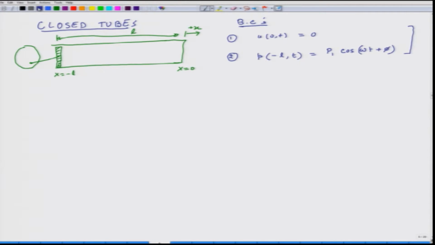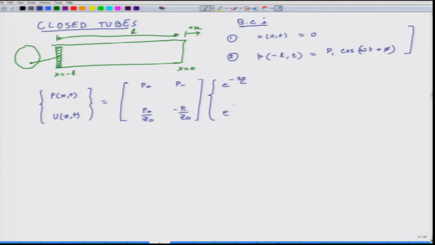So, once again the length of the tube is L. How do we go about it? We start with the transmission line equations, and we know that complex pressure P and complex velocity U are equal to P plus, P minus, and P plus over Z naught, minus P minus over Z naught, times e to the power of minus S x over C, e to the power of positive S x over C, times e to the power of S t.